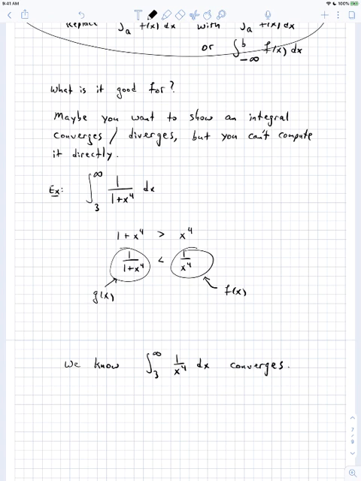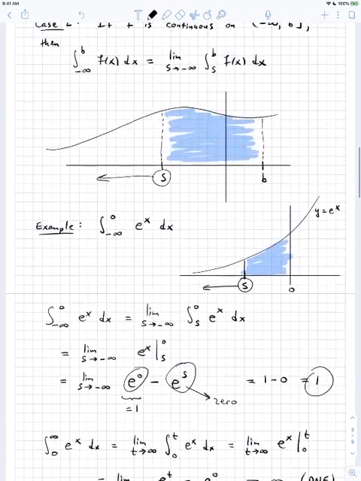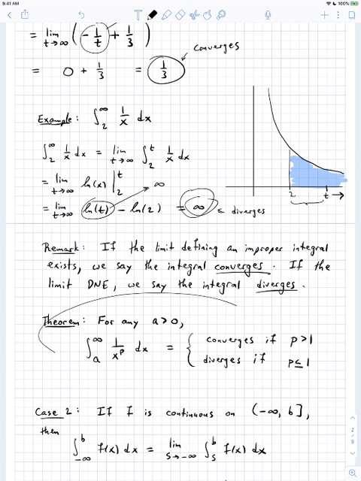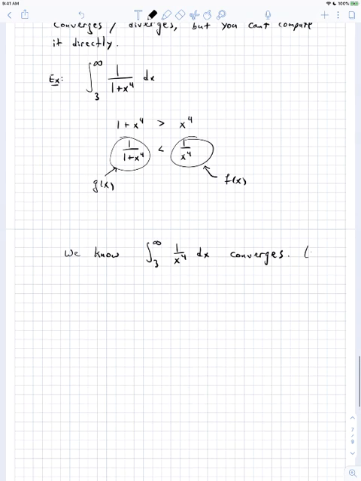You could compute this exactly, but we don't have to because we have a theorem just up here a little ways. Theorem: for any a greater than 0, the improper integral from a to infinity of 1 over x to the p dx converges if p is greater than 1. Well, here we're looking at p equals 4, which is greater than 1. So we know that this one converges. And furthermore, we know that 1 over 1 plus x to the 4 is smaller than that.